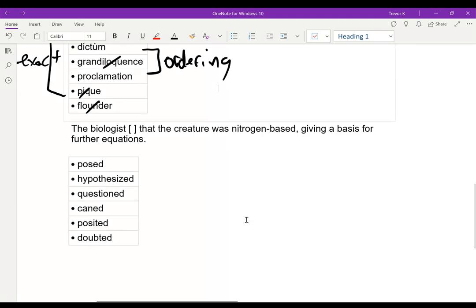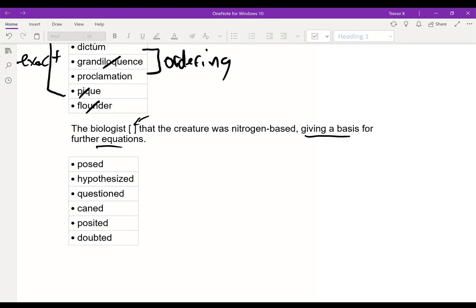And then last up, we've got yet another sentence equivalence. It says the biologist blanked that the creature was nitrogen-based, giving a basis for further equations. So the biologist is doing something about the creature and it's giving a basis for further equations. So he's probably forming something like the basis, the hypothesis.